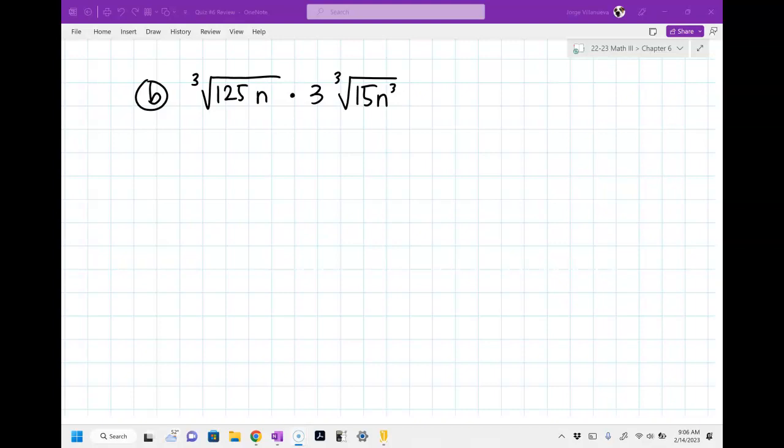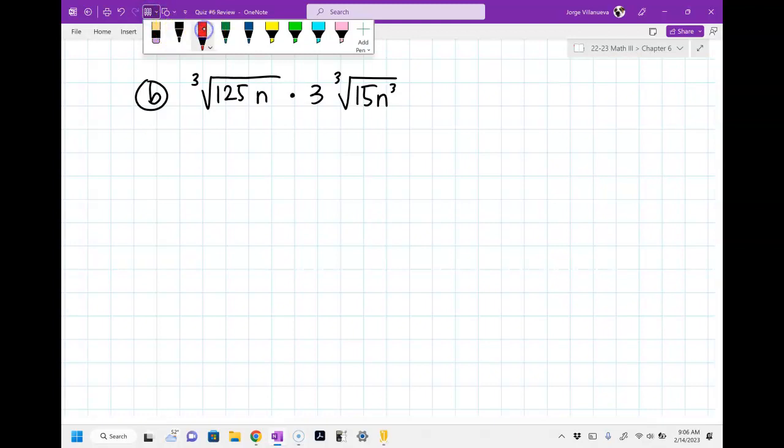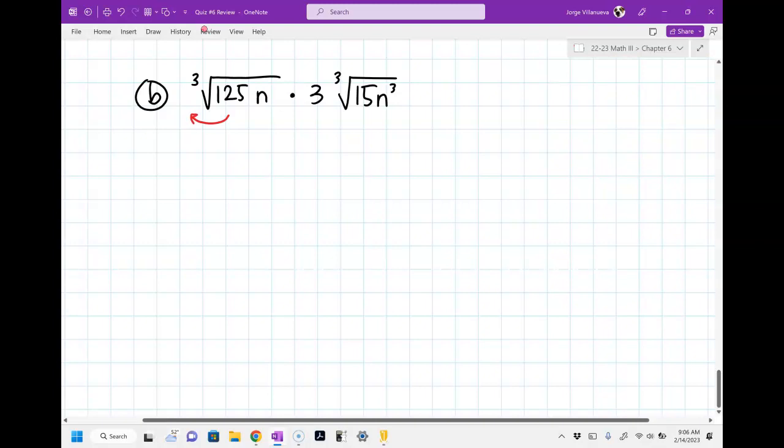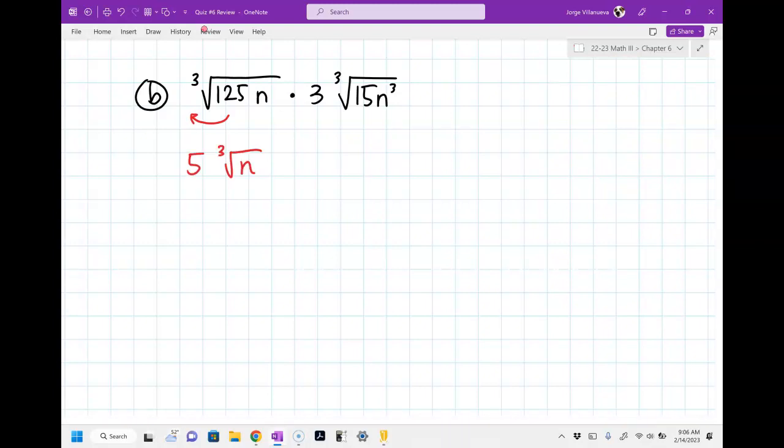That's a big number, right? So I'm going to take the cube root of 125. I know that cube root of 125 is 5. This is coming out. This is a 5 cube root of n. Notice I did leave the n in there. I didn't mess with it. Times 3. I don't know the cube root of 15.